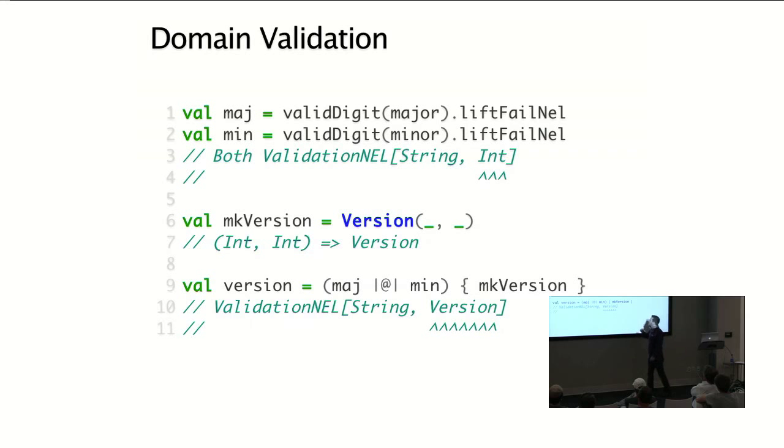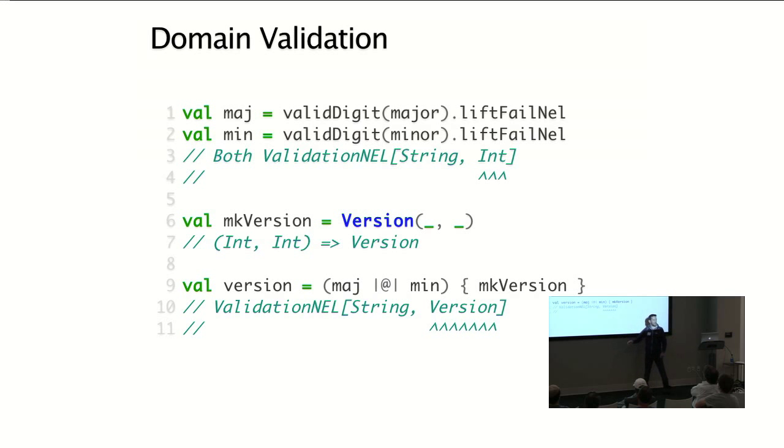So the way to read that statement from before in a condensed way is that I put these validations together with Admiral Akbar, and I give it the function, and now I've combined two ValidationNel[String, Int] together, provided a function that takes those two ints into some other type, which is Version. And now with this bit of syntax, I have a Validation of NonEmptyList of String and Version.